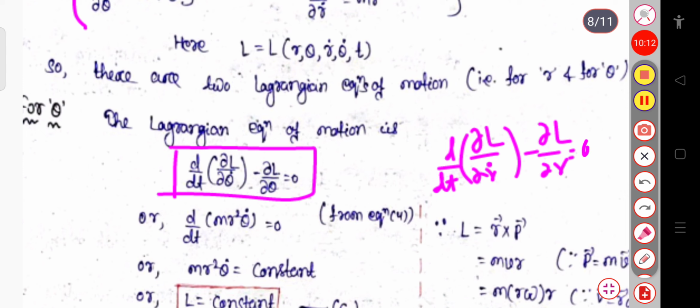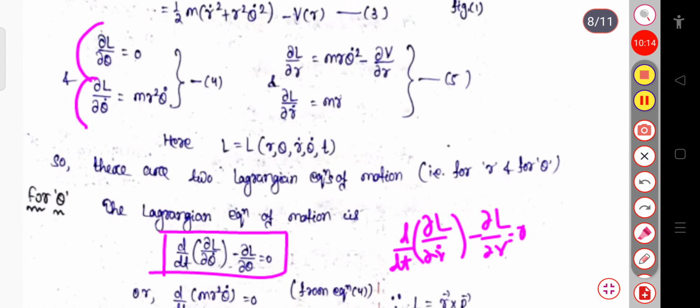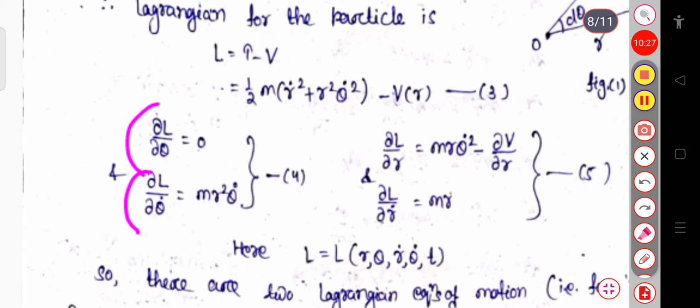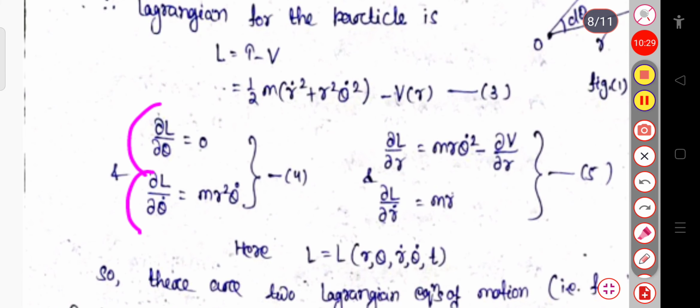So here you have to calculate dou L by dou r and dou L by dou r dot, and also dou L by dou theta and dou L by dou theta dot. Let us first calculate that, then we will substitute the values. Here you can see dou L by dou theta, because this Lagrangian doesn't contain any terms of theta, that value goes to 0.